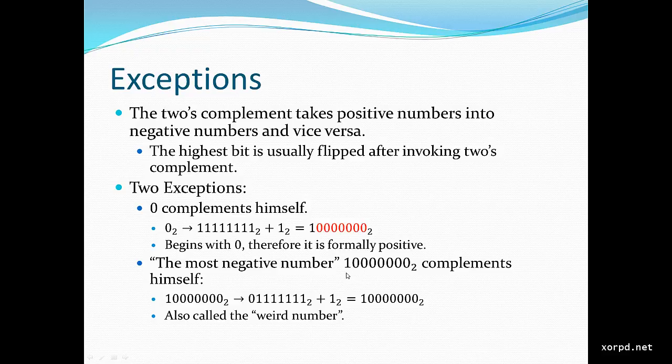For example, for the 8 bits case, we are going to flip every bit. 1 turns into 0, and the 7 zeros turn into 7 ones. Then we add 1 as usual, and we get again the same weird number. This is an interesting phenomenon.